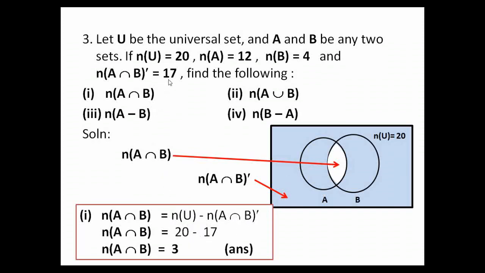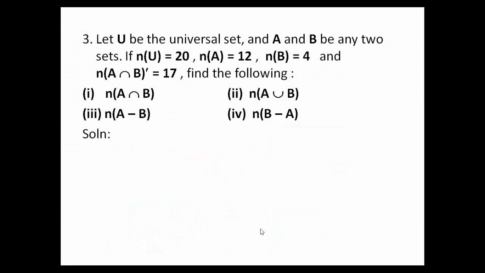We had the values already. So 20 was the cardinal number of the universal set and A intersection B complement was 17. So when we subtract 17 from 20, we get 3. So we can say n(A intersection B) will be 3. Clear?